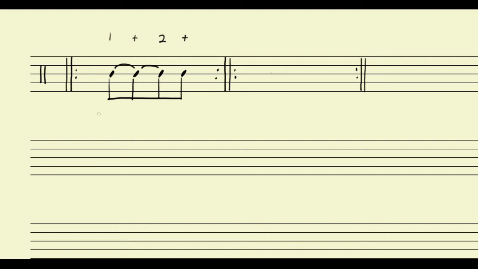So the way that I would perform this is, I would say ta on my first eighth note. I would hold that ta for the and of 1 and then beat 2, and then I would say ta yet again on the and of 2 like that.